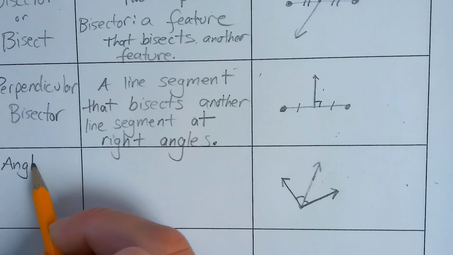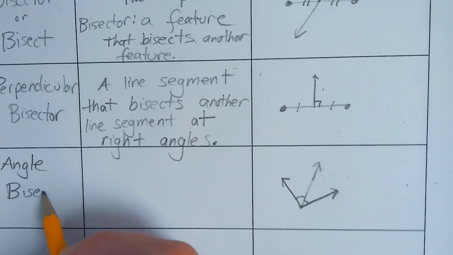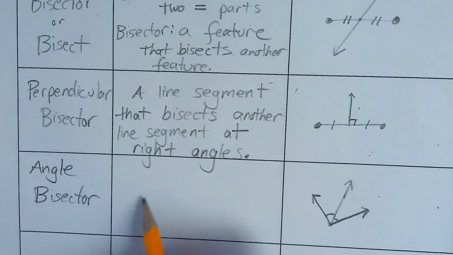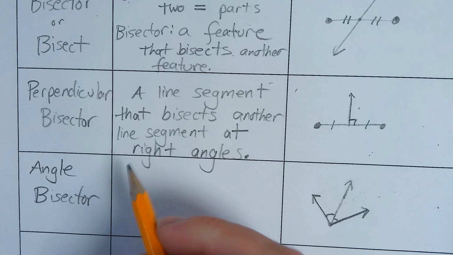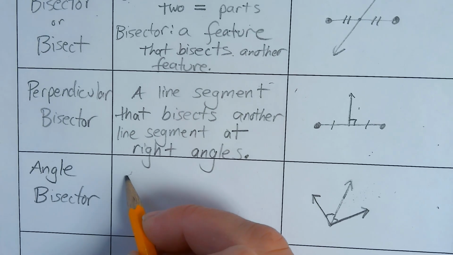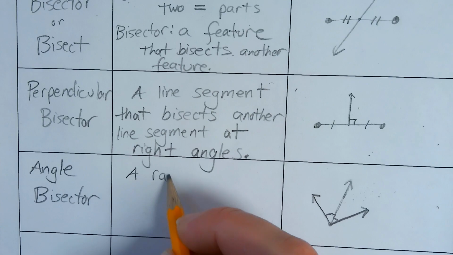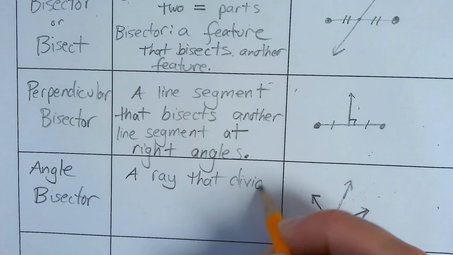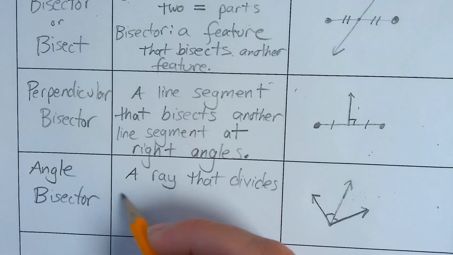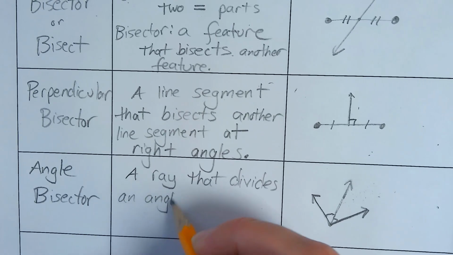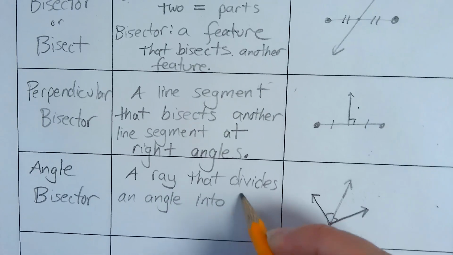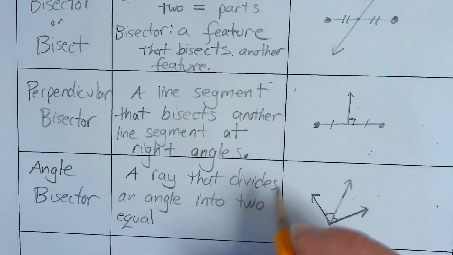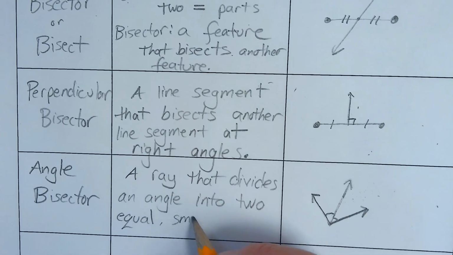So this is an angle bisector. An angle bisector is a ray that divides an angle into 2 equal smaller angles.